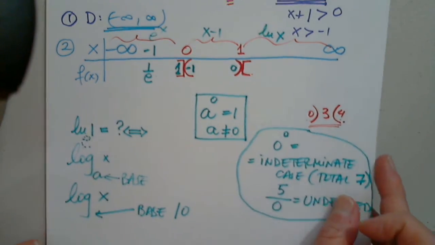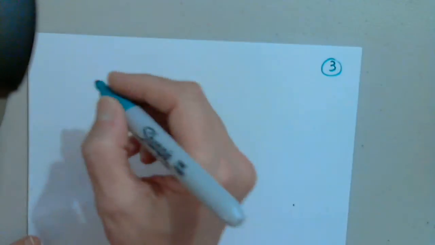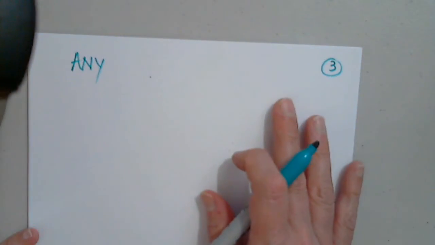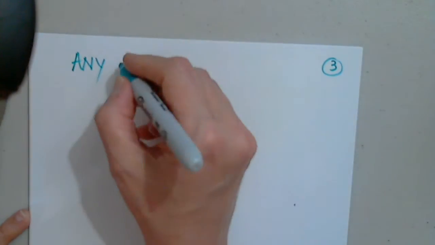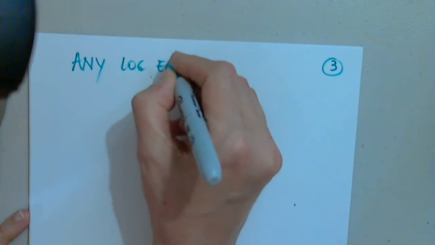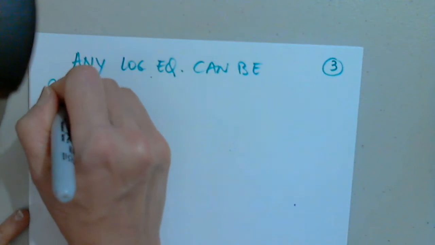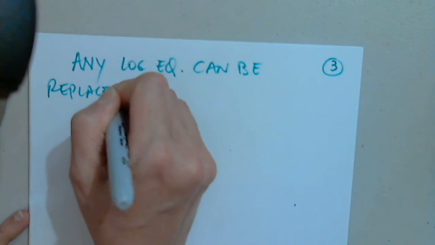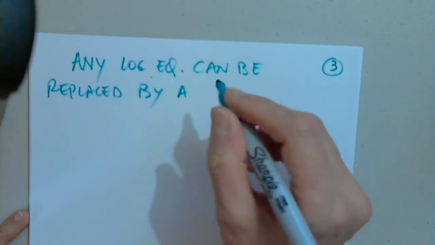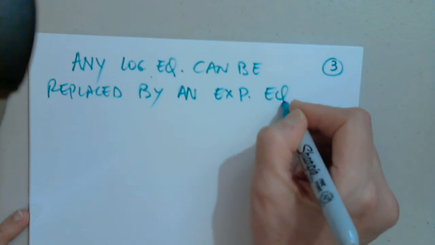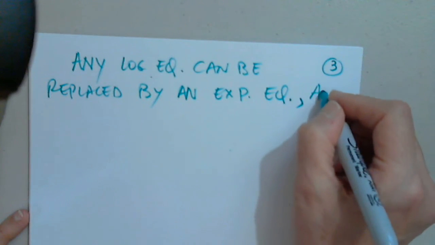maybe I should explain this conversion before I come back to that. Let me explain. This is the most important concept from logs and exponentials. Any log equation can be replaced by an exponential equation, and vice versa.